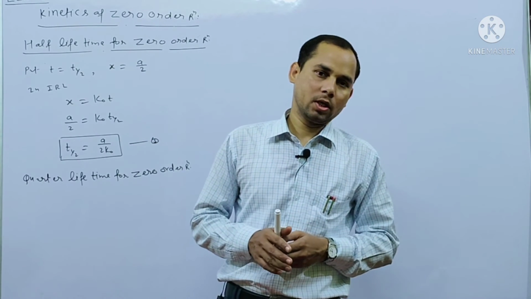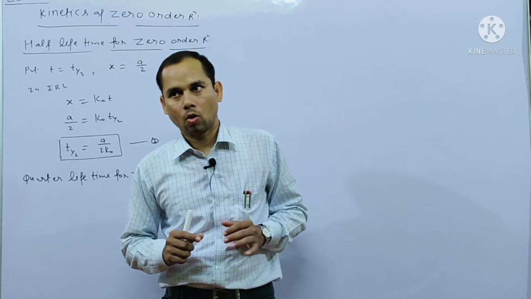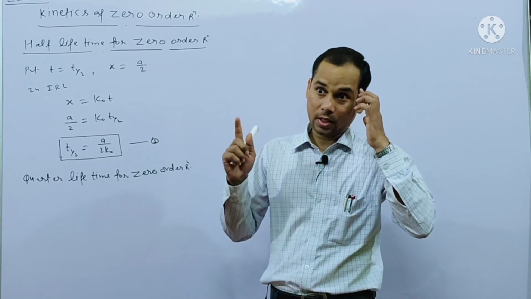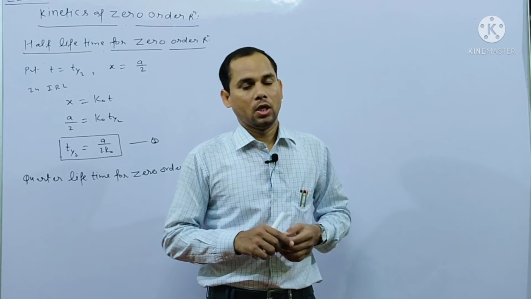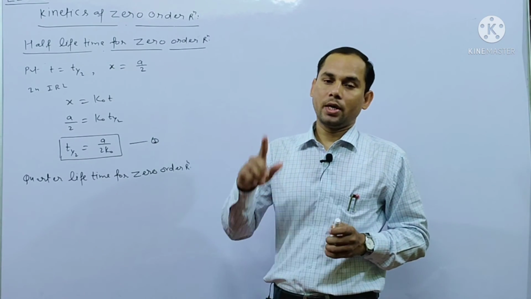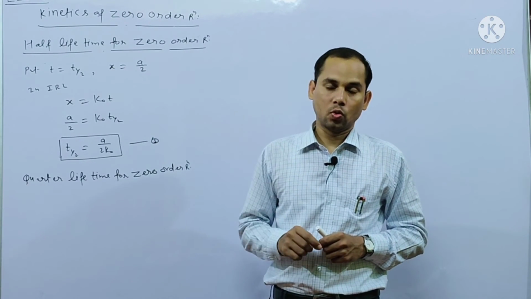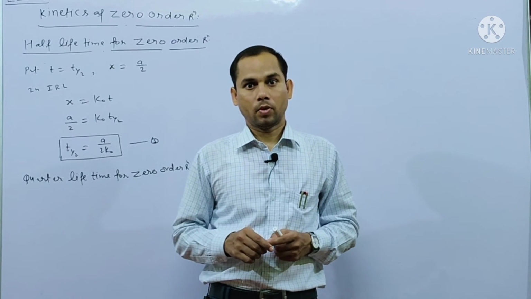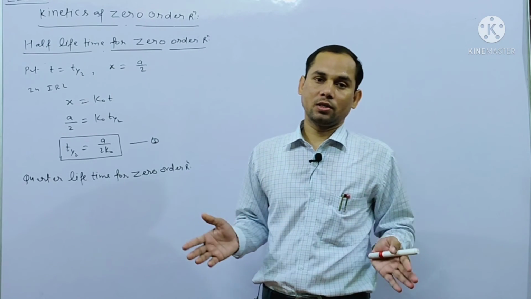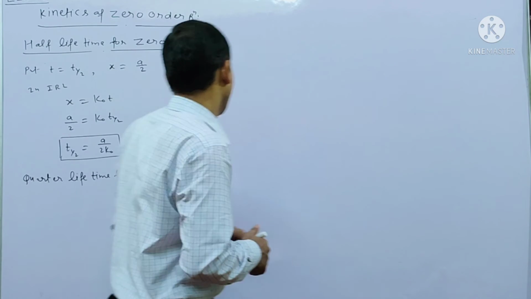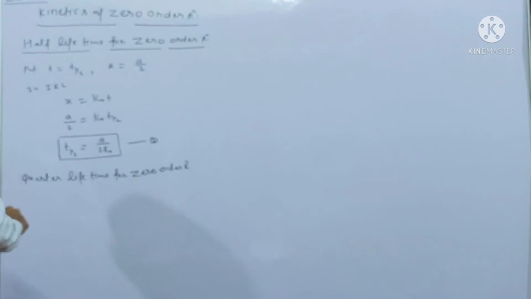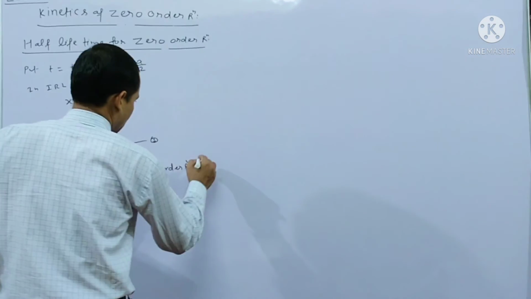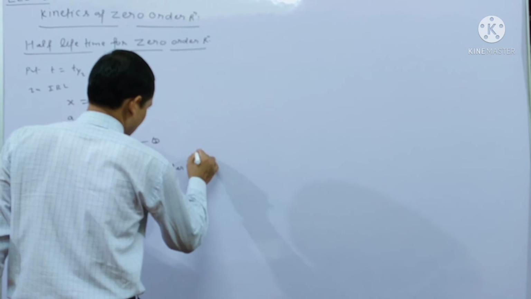Listen once again. It is the time in which the concentration of a particular reactant reduces to 1/4 of its initial concentration. It is represented by T1 by 4.